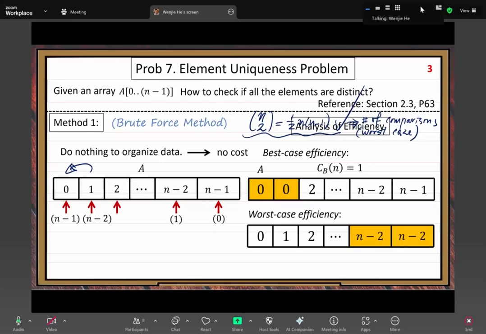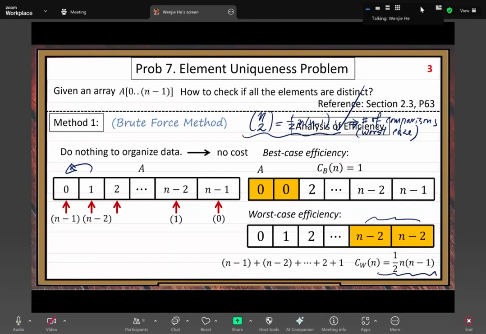So other than the non-unique case, the distinct case is the worst case. This is our method one, the brute force method. The worst case efficiency is this formula. So let's leave it aside.